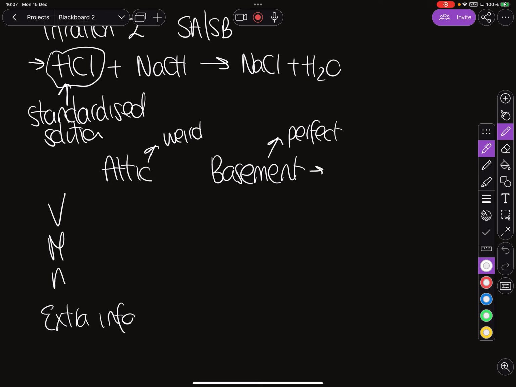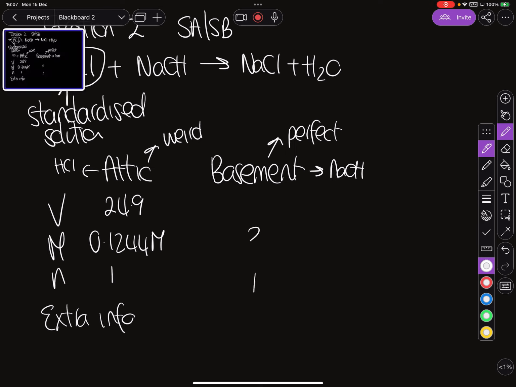So in this case today, this was the NaOH and this was the HCl. So we go through our pieces of blurb, or the information you had for your questions. This one was 24.9 centimeters cubed. Our answer for titration 1 should have been this. Our ratio now is 1:1. This is our question mark.